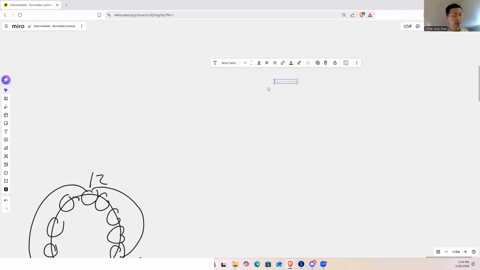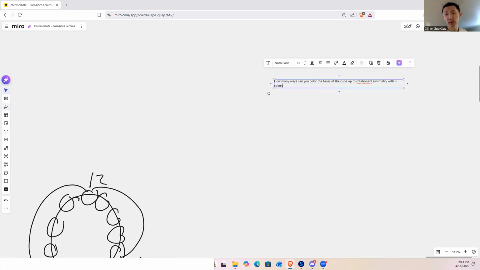How many ways can you color the faces of a cube up to rotational symmetry? Earlier we did the vertices of the cube. Now we have to do faces of a cube. So let's say with n colors.